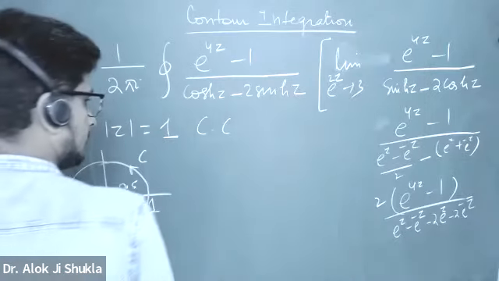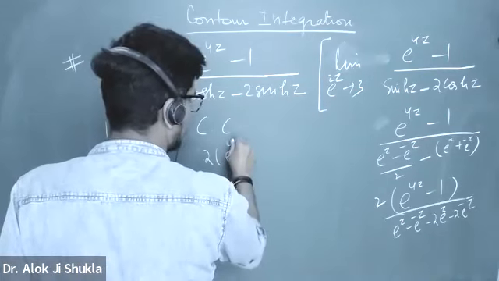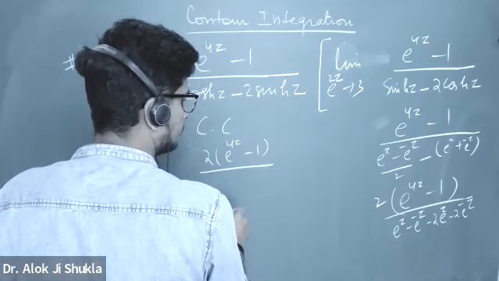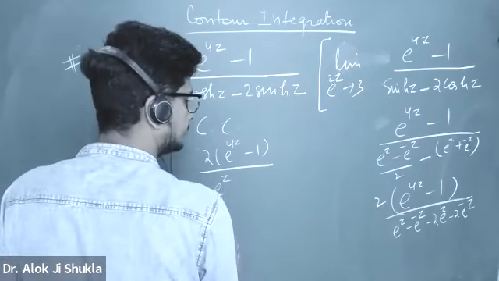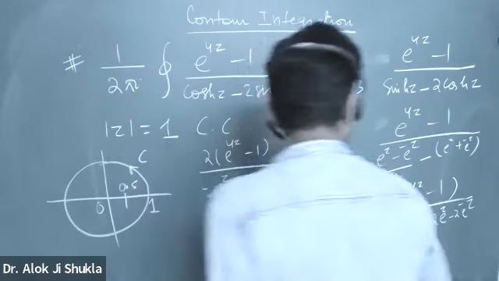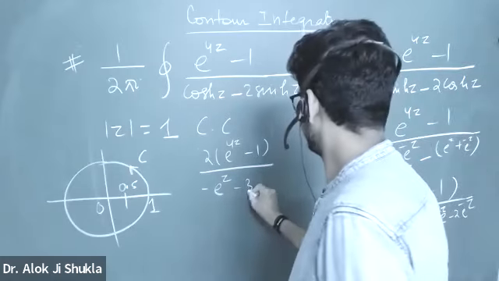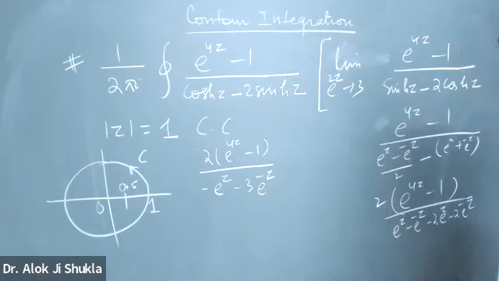So this will become what? 2 times e to the power 4z minus 1 over what will it become? Minus e to the power z, and this one minus 3 e to the power minus z. Yes or no? Yes, sir.